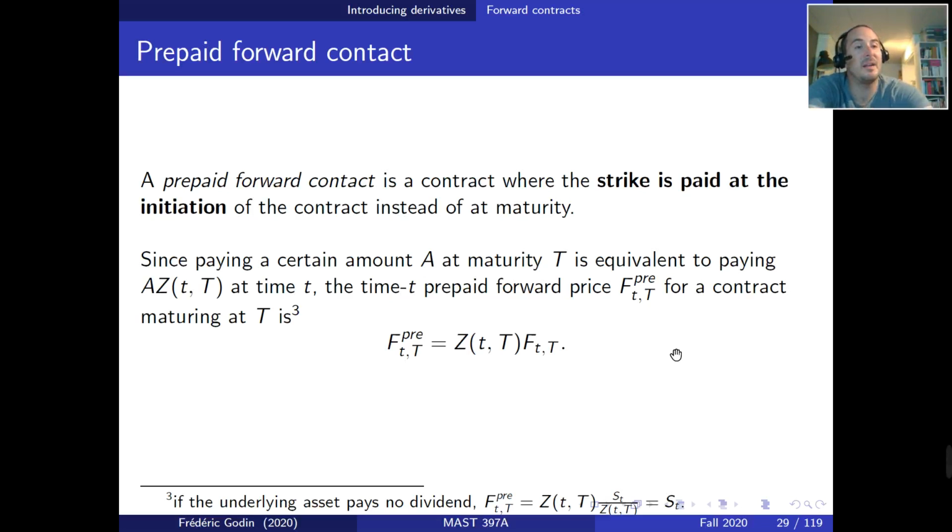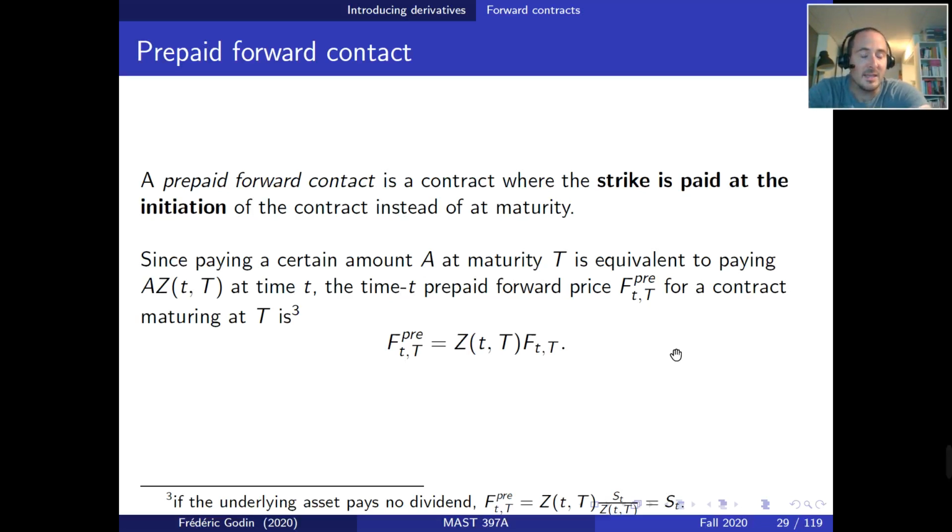Whereas in a prepaid forward contract, the long position pays the strike price at the initiation, at time small t, and receives the underlying asset at maturity, time capital T. So there's a mismatch between the timing of the delivery of the asset and the payment of the strike price.